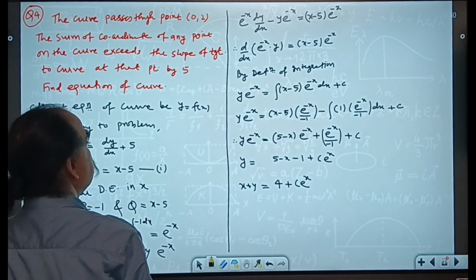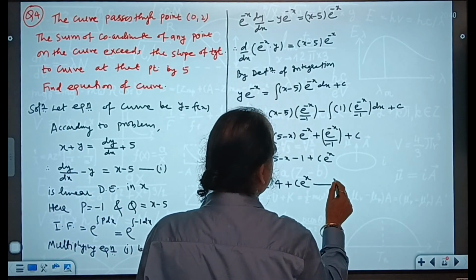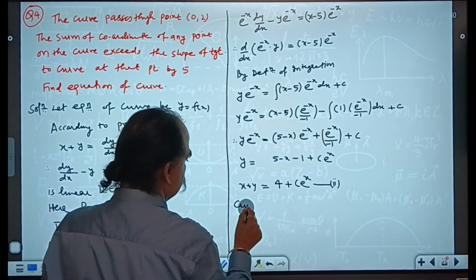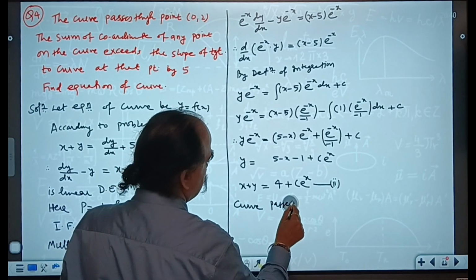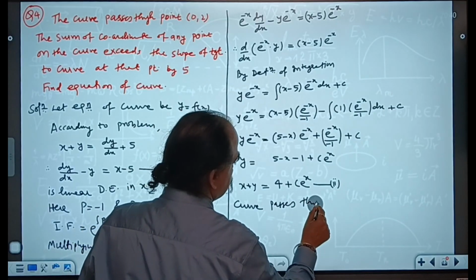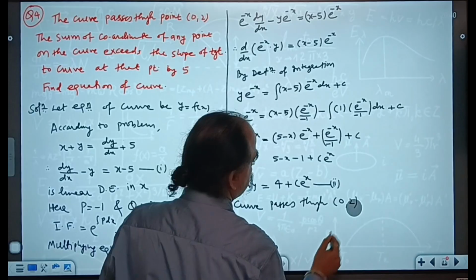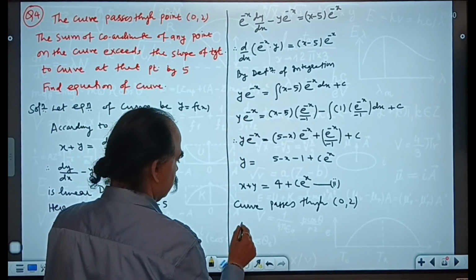Now we need to find out c. This is equation number 2. The curve passes through 0, 2. Therefore, c is minus 2.